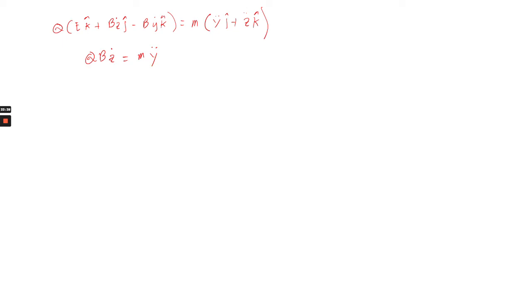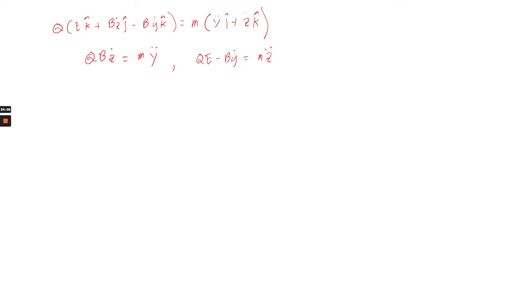Okay? For the z component, we have qE minus q B y dot is equal to m z double dot.